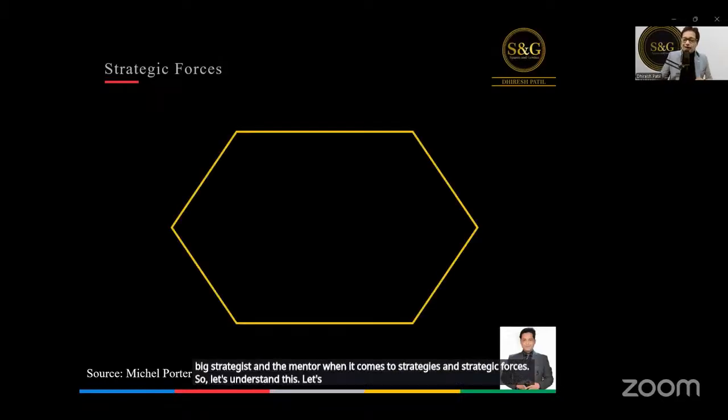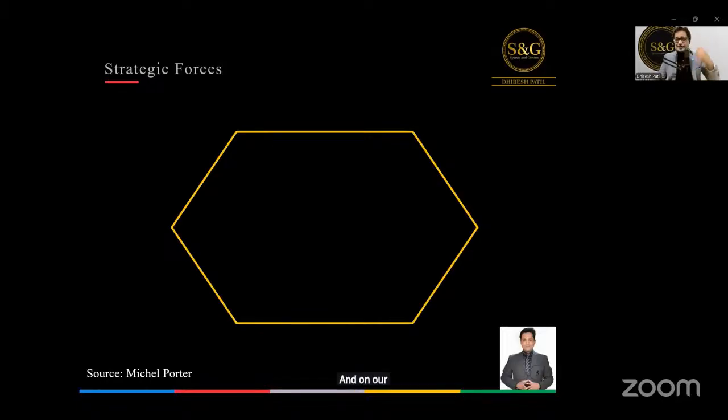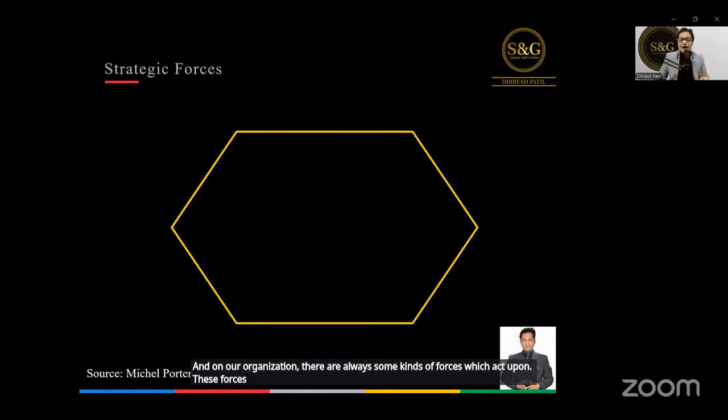Let's imagine our organization as a hexagon. This hexagon is our organization, and on our organization there are always some kinds of forces which act upon it. These forces act upon our organizations all the time. For example, customer.